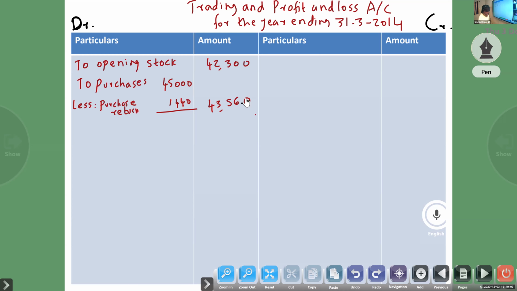Next, direct expenses. Wages is there, outstanding wages also there. To wages 11,215, add outstanding wages, 11,265.